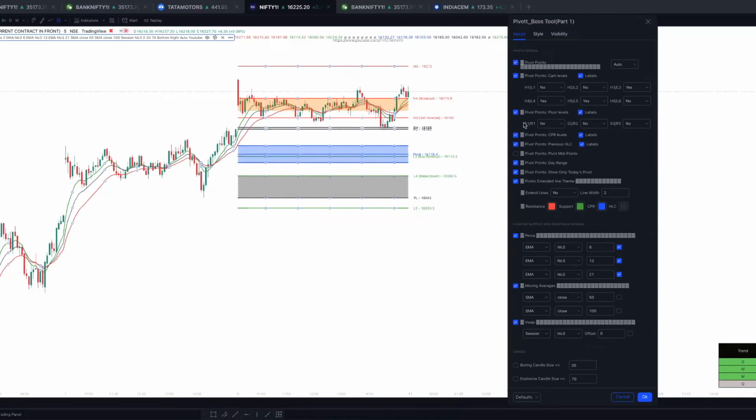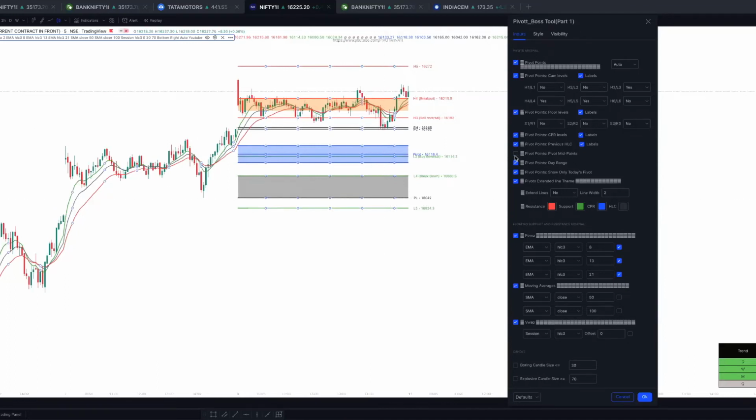Just a second. Over here you could see there was a previous low. If you read his book, Frank Ochoa, apart from these levels, he has also said there is significant importance to the previous high, low, close.